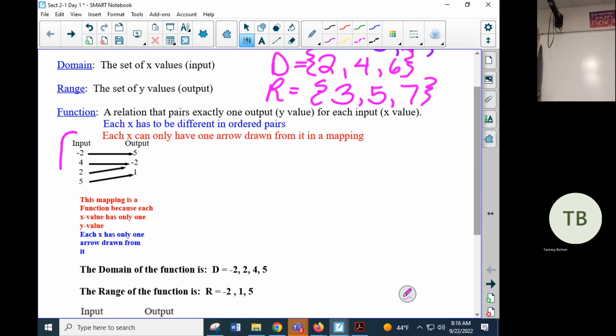Sometimes you'll see it with circles around this, but that's what a mapping is. And with a mapping, every X can only have one arrow drawn from it. So here, there's only one arrow drawn from every X value, so that is a function. Okay.